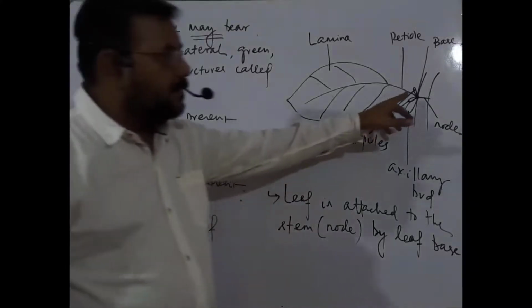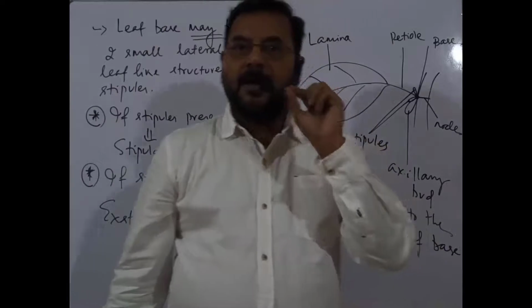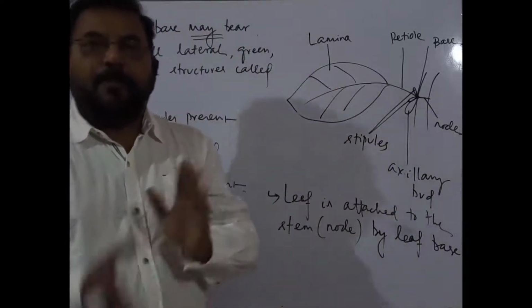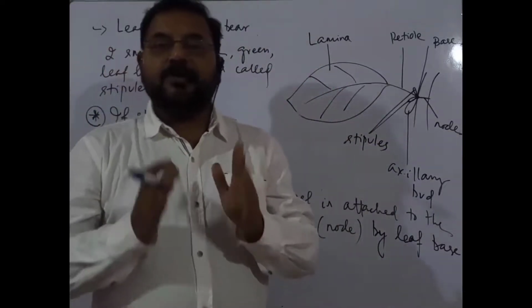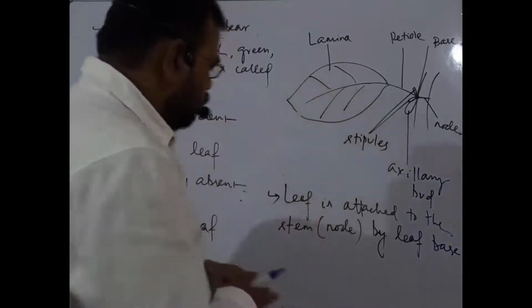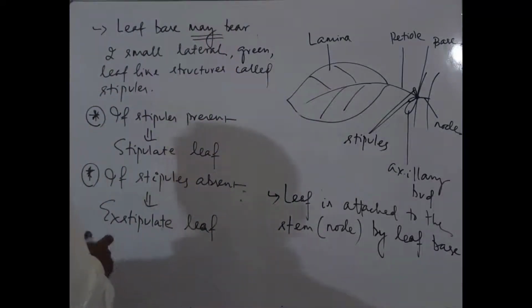और लीफ बेस का यहां पर दो टाइप का मॉडिफिकेशन हुआ है. एक है pulvinus, दूसरा है sheathing leaf base. So मोनोकॉट में sheathing leaf base दिखाई देता है.